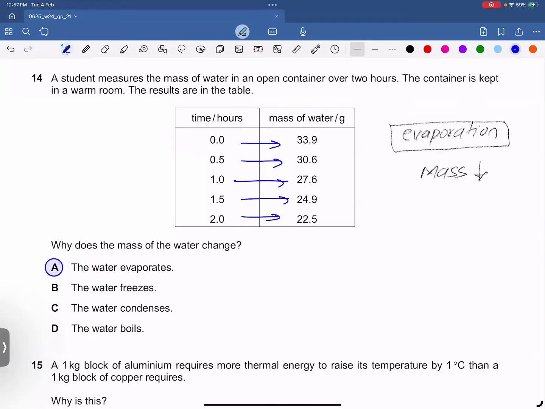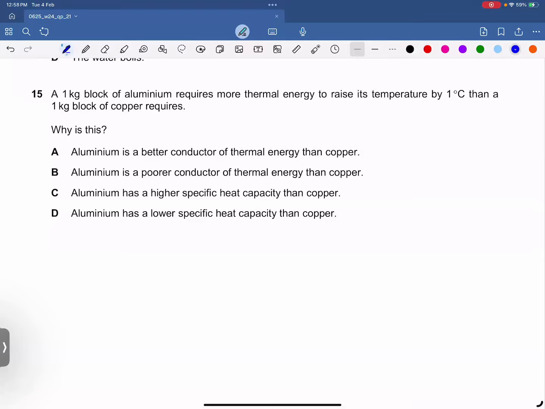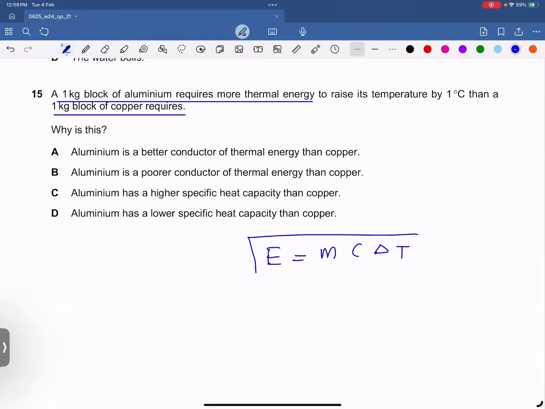Question 15. A 1 kilogram block of aluminum requires more thermal energy than copper. What could be the reason? You know thermal energy E is equal to m c ΔT, dear students. E is the thermal energy, and both are 1 kilogram, and both rise by the same temperature.